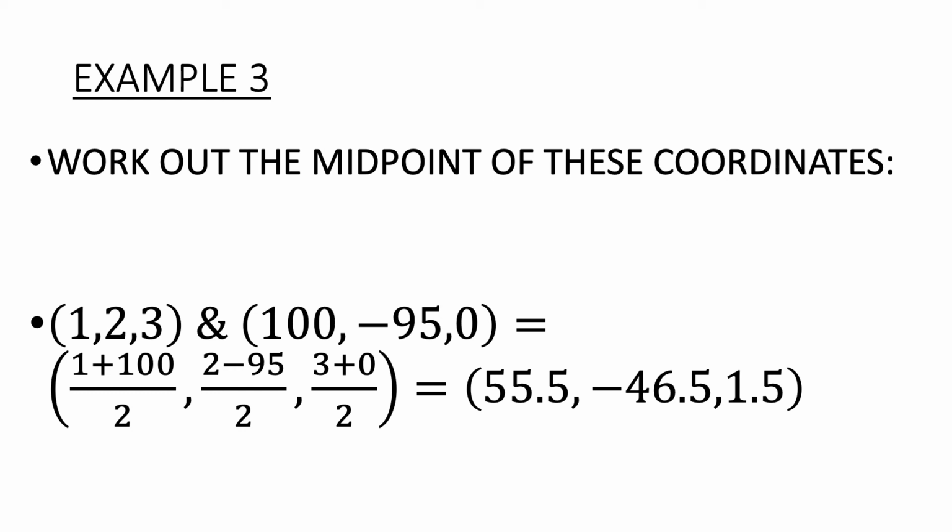So 1 and 100 divided by 2 gives me 55.5. 2 minus 95 becomes -93, divided by 2 gives me -46.5. And then 3 plus 0 is 3, divided by 2 gives me 1.5. So this is my answer, guys. Or if you've written it in fraction form, as long as they're equivalent, that is also correct.